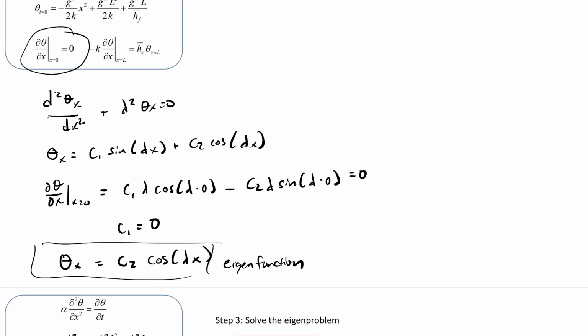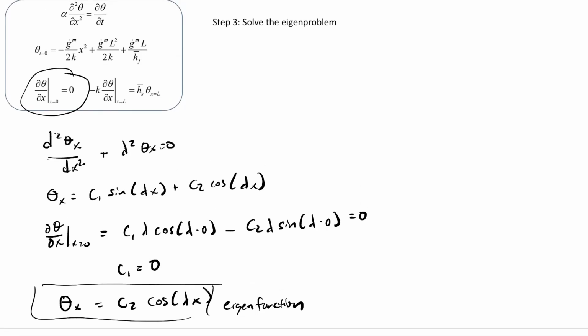Now enforcing the other boundary condition at the convection boundary, we have minus k times dΘ/dx at x equals L is equal to h̄ times Θ at x equals L. We substitute in the derivative, multiply by minus k, and substitute in Θ and multiply by h̄.